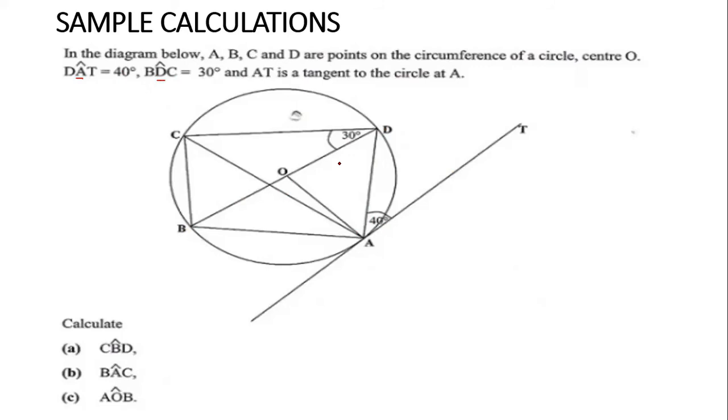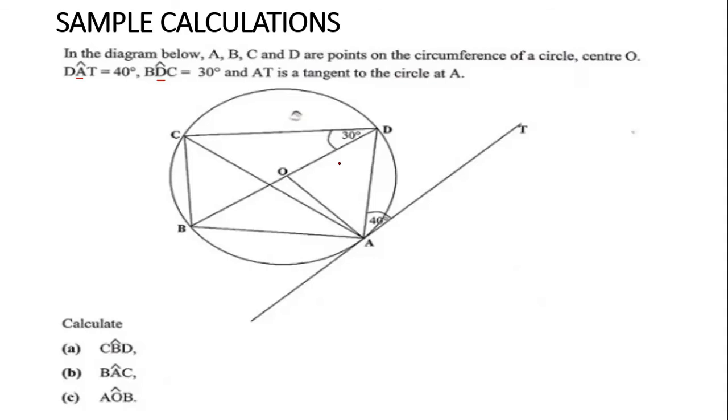All right, so now a little tip before we dive into the calculations. In order for you to successfully answer circle theorem questions, which appear in paper 1 only, as in the new curriculum by ECZ, you need to have the ability to identify the triangles. Then you couple it with some properties of angles.